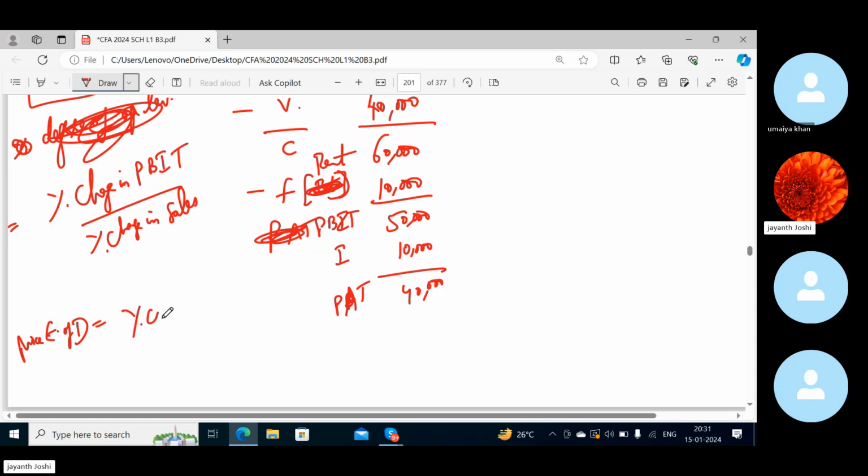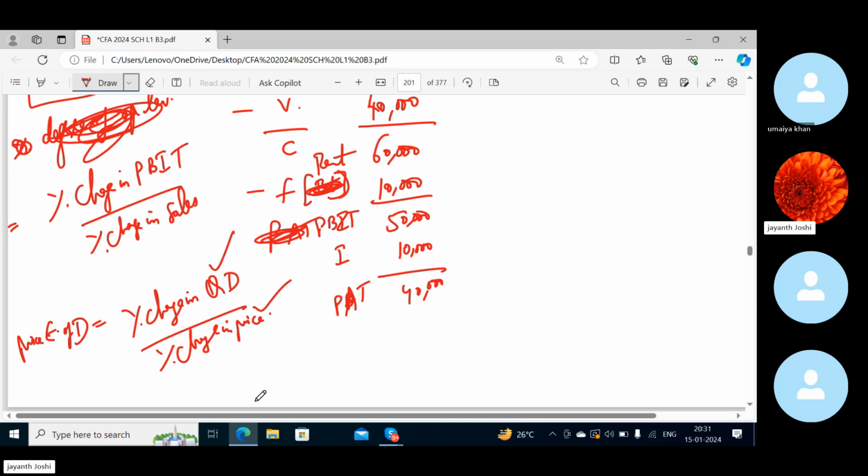So, percentage change in quantity demanded by percentage change in price. This is the price elasticity of demand.